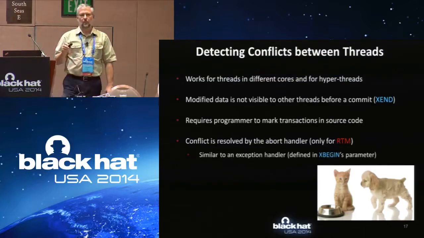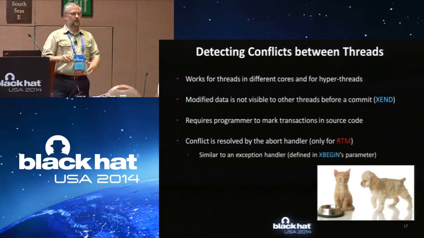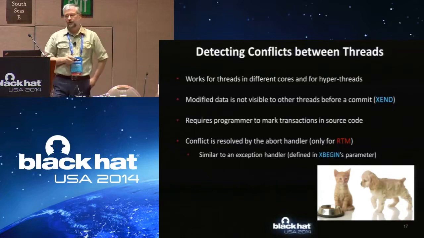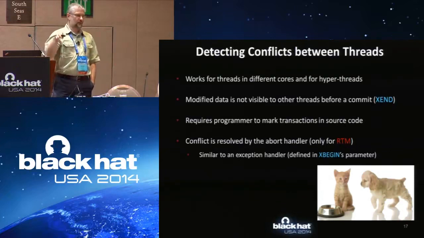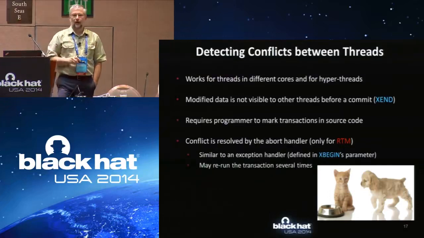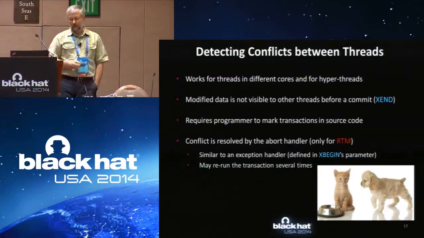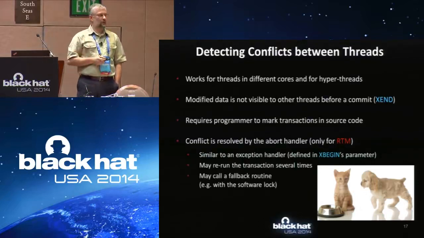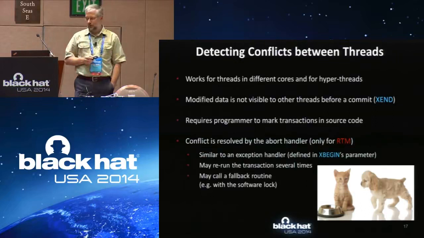The method to resolve that conflict is by specifying the abort routine, the offset in the XBEGIN parameter, which gives you the place of the code that looks at the results of the conflict, and it can resolve the transaction conflict. The programmer may rerun that transaction several times, and in the end, if nothing else works, software locks will.